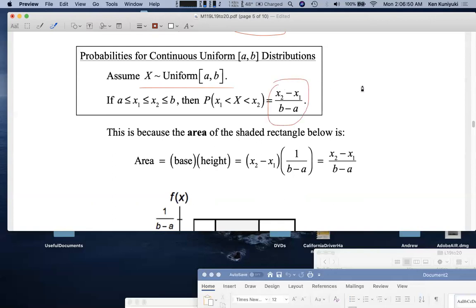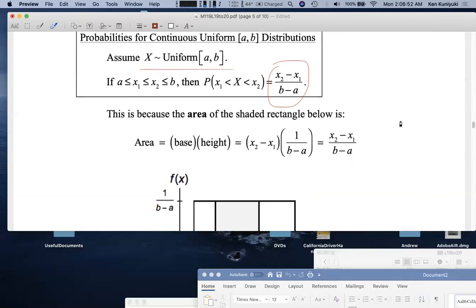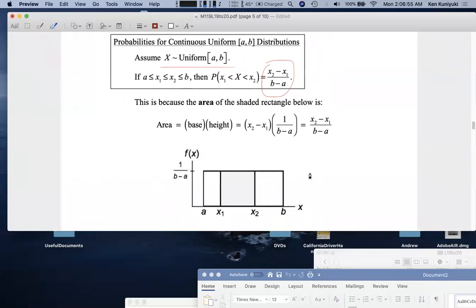And there are two ways of looking at that. One way is to look at it in terms of areas. The area of a rectangle is given by base times height. The base, or the width, is given by the width of this subinterval, x sub 2 minus x sub 1. That's the width or base of this gray rectangle. The height is given by 1 over b minus a, the reciprocal of the total width of this rectangle.